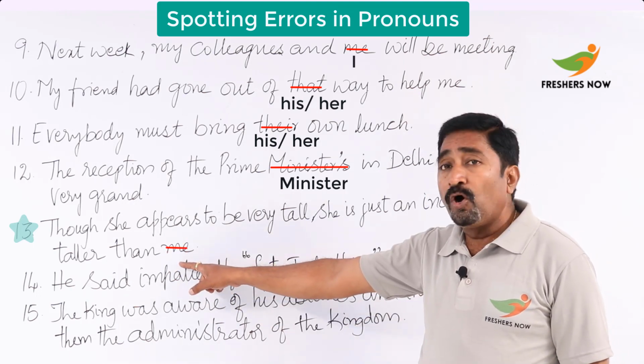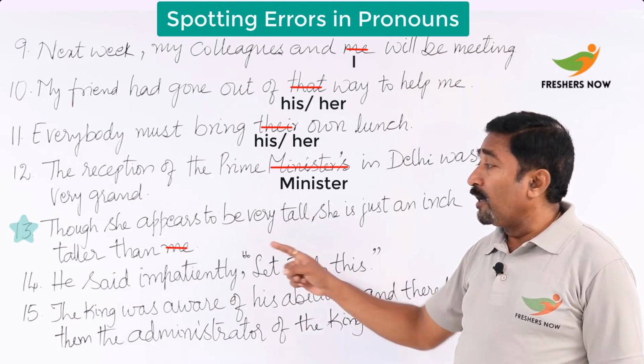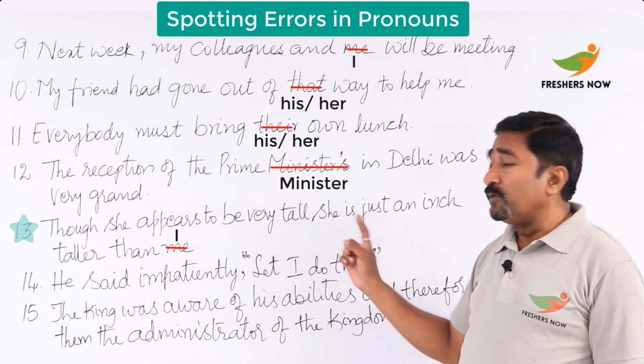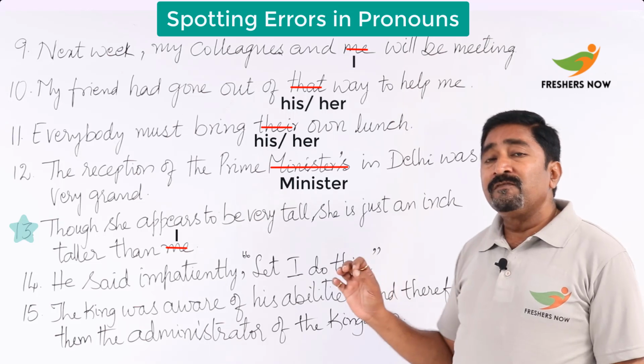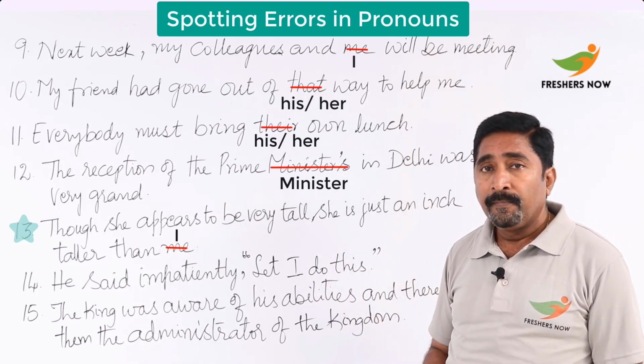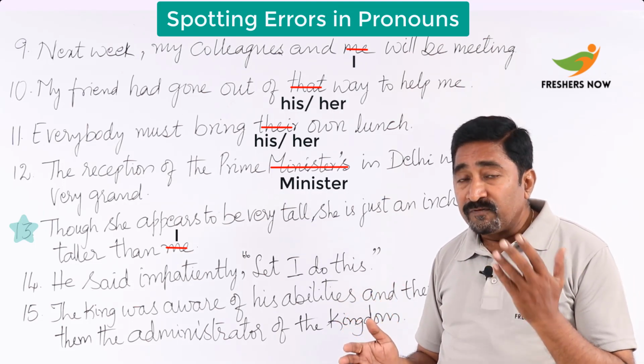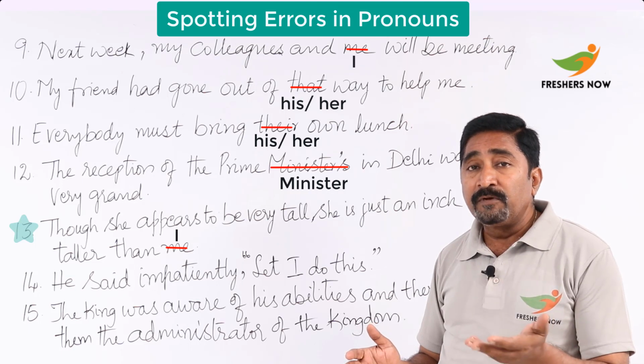But here the object pronoun is used. So it should be I. Though she appears to be very tall, she is just an inch taller than I. So we need to be careful when we look at whether it is a subject pronoun or an object pronoun.